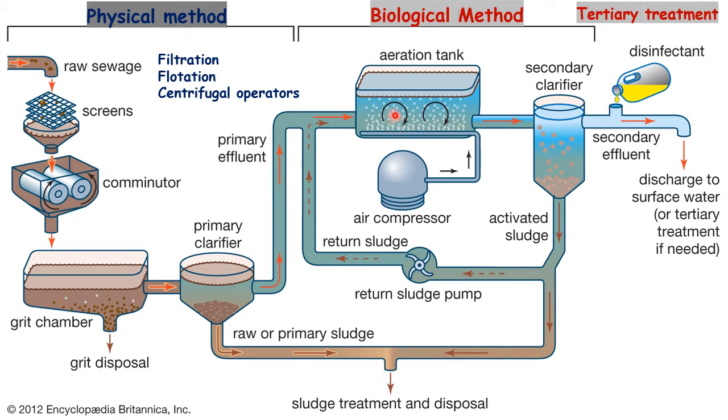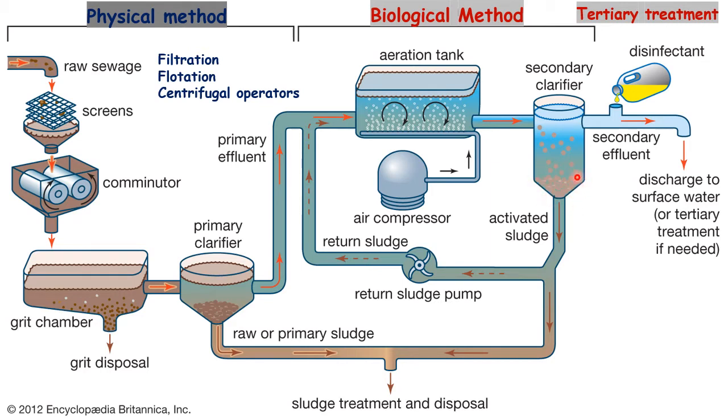It will be like a thick foam of microorganisms, so that has to be settled down, right? For that, the water is sent to the secondary clarifier. Here the flocks of microorganisms will be allowed to settle down, and this settled particle is known as activated sludge.